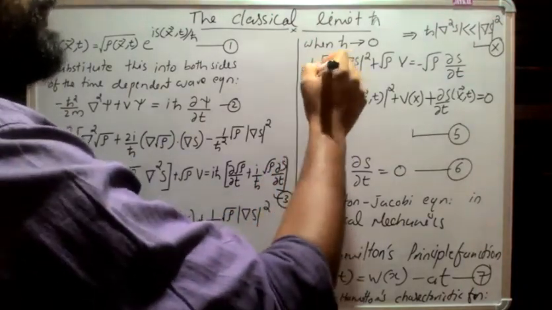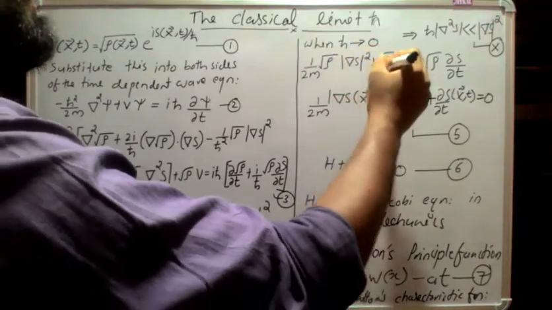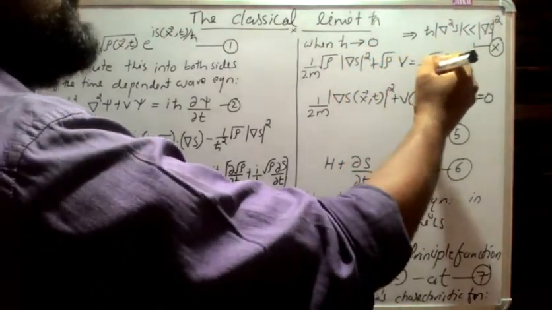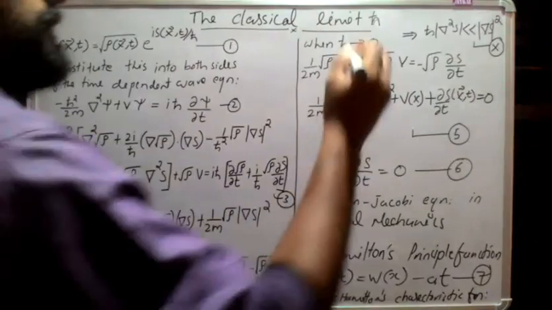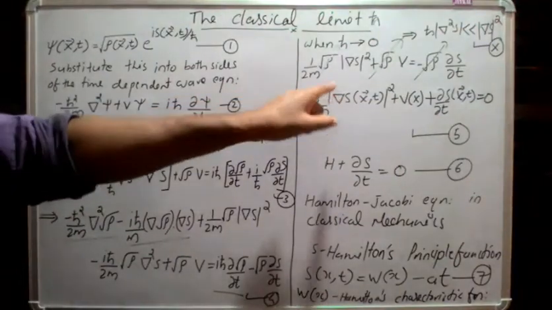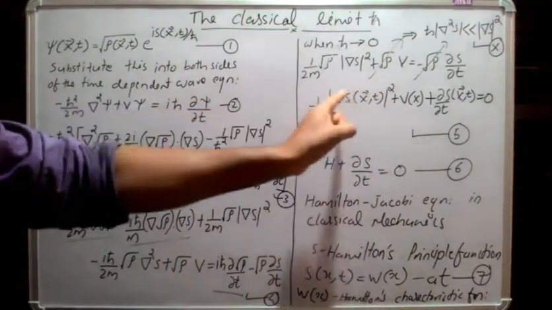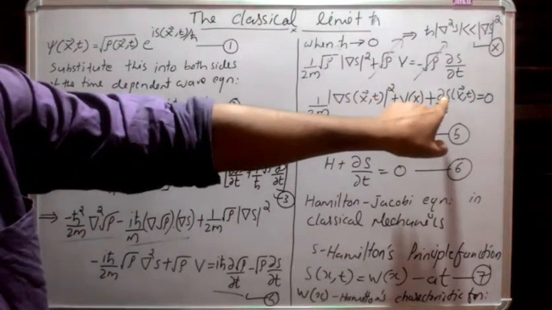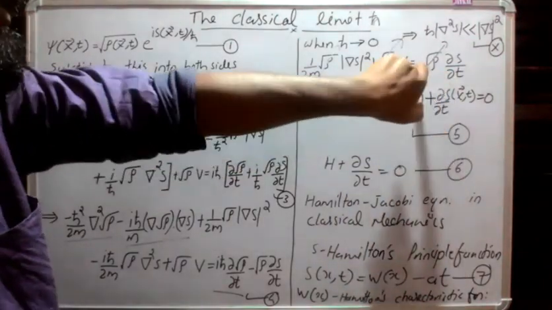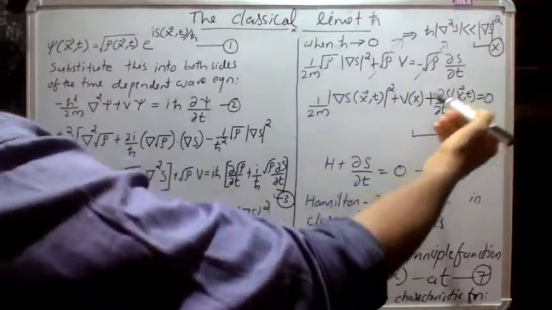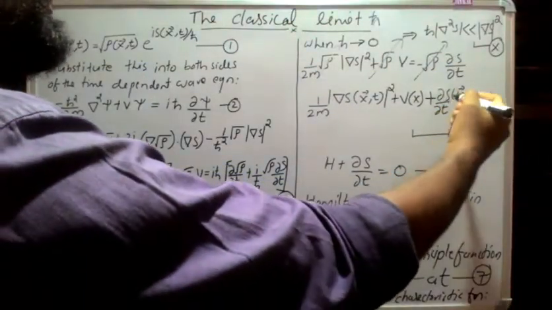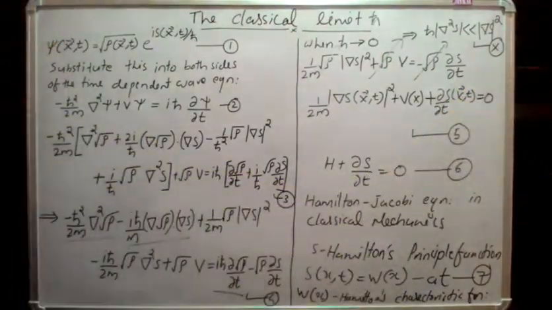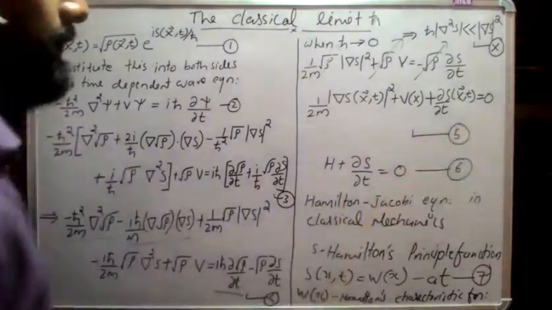So the square root rho terms get cancelled, and the remaining terms are the square of the mod del S over 2m plus V plus dou S by dou t equal to 0, taking the right side term to the left side. This is equation 5.